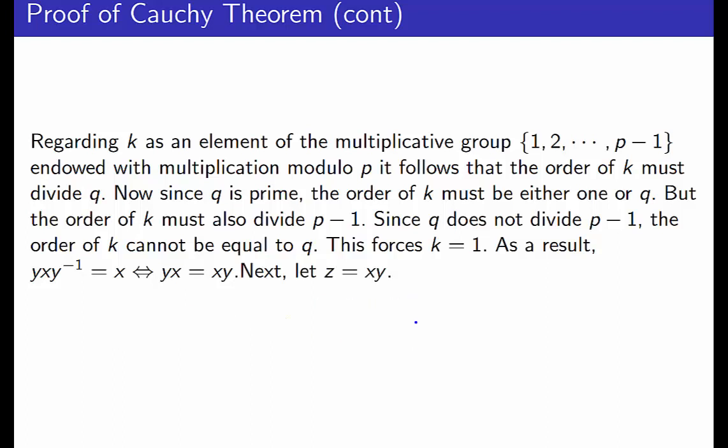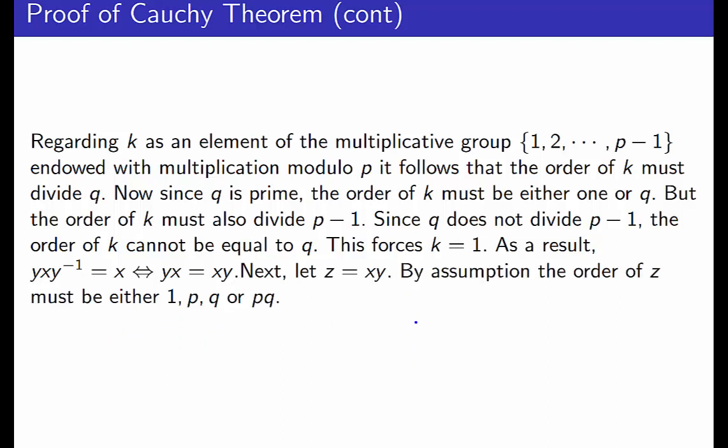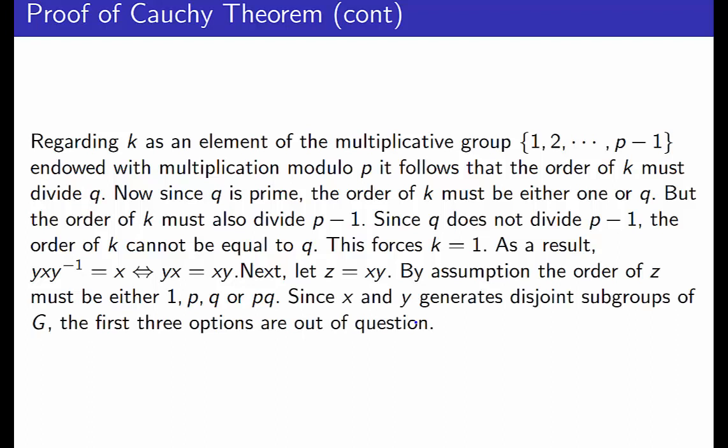Okay, now let z be the element xy. By assumption, the order of z must be either 1, p, q, or pq, right? Because the order of z must divide the order of the group, pq. But since x and y generate disjoint subgroups of G, the first three options are out of the question.